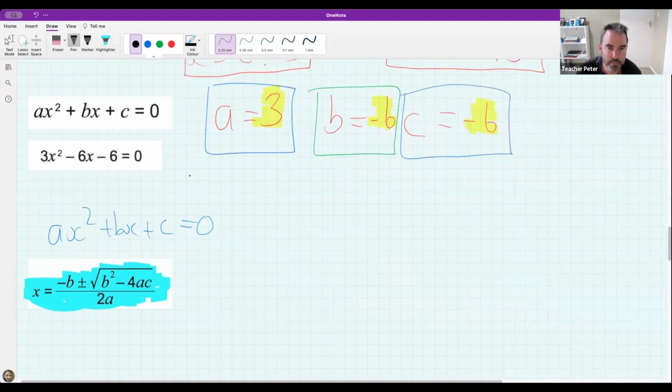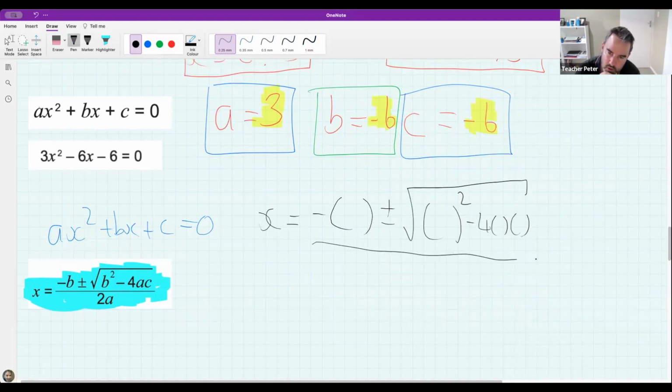If I was going to apply it to this formula, I would go minus something plus or minus the square root of something squared minus 4 times something times something, over 2 times something. Then I'd look at my list and see that's an A, so it must be 3. This is a minus 6, so that must be minus 6, and that must be minus 6.